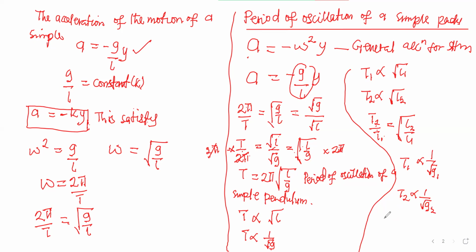So if you take T2 over T1, it must give you square root of g1 on g2. But this is the period on different planets where gravity varies, but on the surface of the earth, because g is constant, it does not affect us.